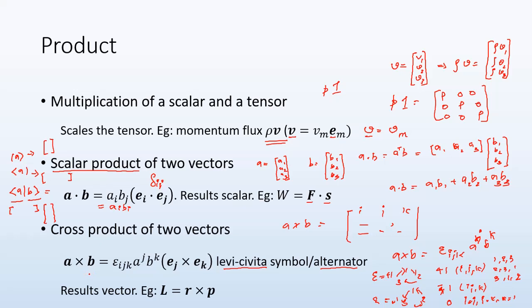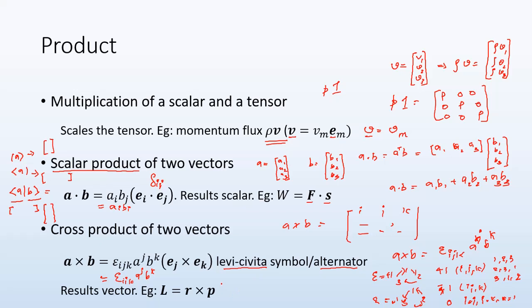So A cross B can be defined as alternator ijk A_j B_k. Here also you can see that i is a free index, j and k are dummy indices. In notation we don't use this, we will just write epsilon ijk A_j B_k.